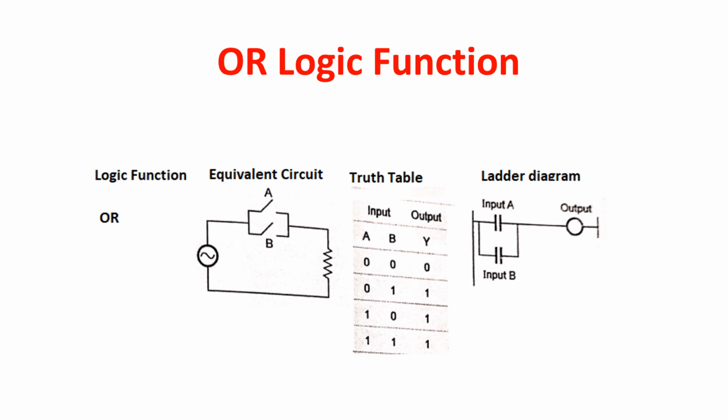When any one of the inputs, either A or B, is 1, then the output will be 1. As well as when both the inputs are normally closed, then also the output is 1. This is indicated in the truth table. In the ladder diagram, we have represented two inputs, input A and input B, and the output is represented.